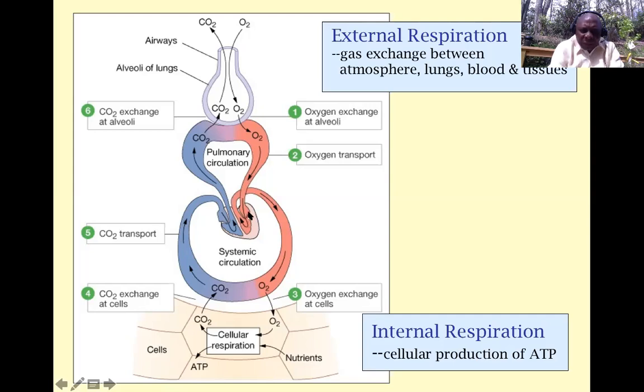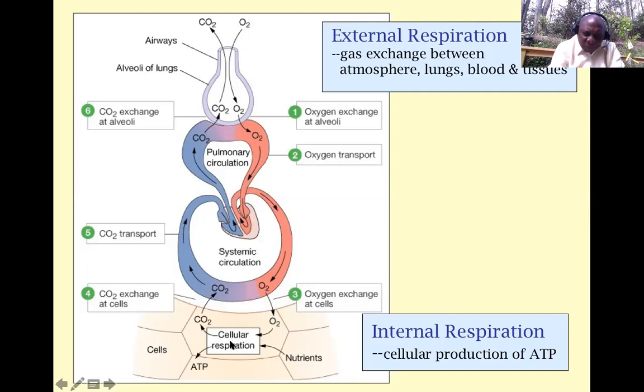It goes to the left atrium and then left ventricle into the aorta and the rest of the arteries right up to the capillary next to the cell. And oxygen again is using a gradient to move from the capillary into the cell.